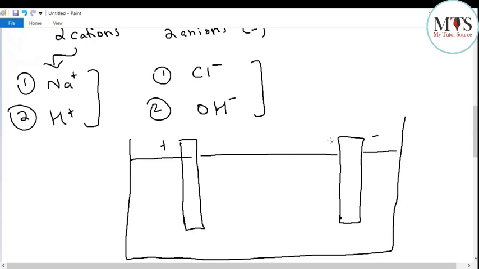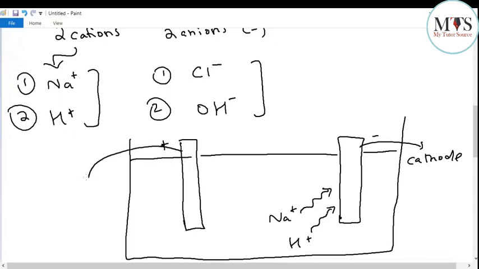I said that at the cathode, you would be having two ions that are going to be attracted to it. Which are those two ions? Sodium and H plus. Absolutely right, very good. And which are those two ions that will go to the anode? Cl minus or OH minus.